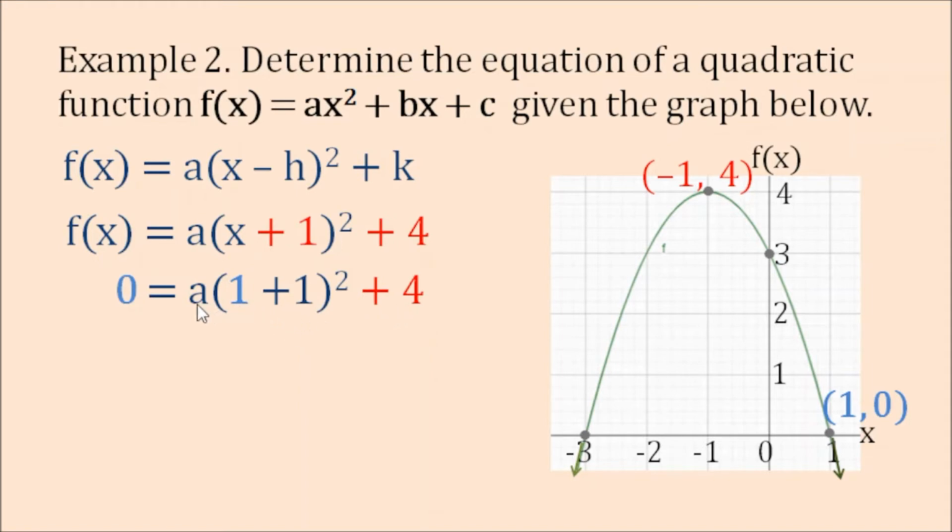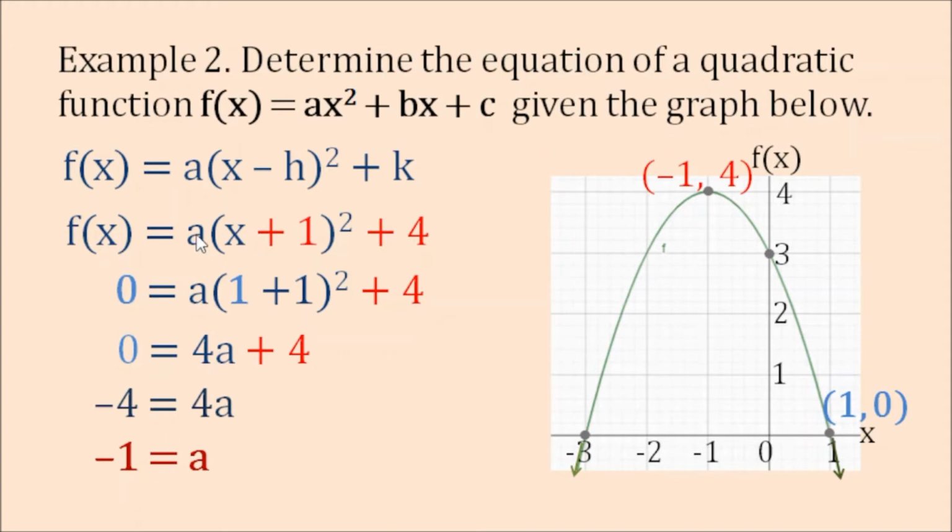Now simplifying our equation, we have 1 plus 1 is 2, then square it, so it's 4, then times a, it's 4a. So we have 0 equals 4a plus 4. Now subtracting 4 from both sides of the equation, we have negative 4 equals 4a. Dividing both sides by 4, we have a equals negative 1.